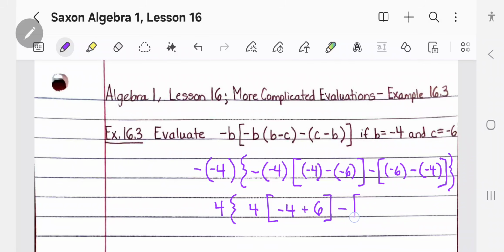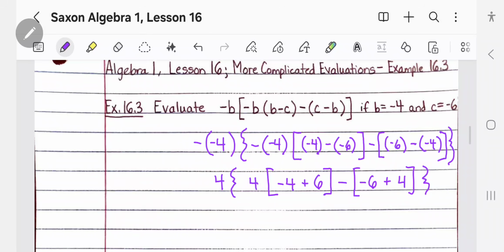A minus. Then I have a -6, and I have plus the opposite of -4, which would be a +4. Okay, there, we just simplified it a little bit.